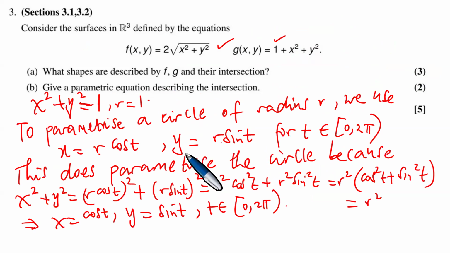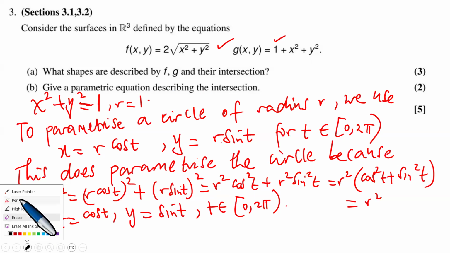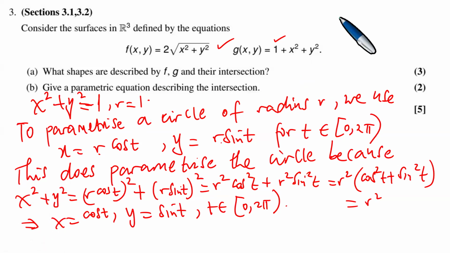Yes. To parameterize any circle, we use x equals r cosine t together with y equals r sine t. Why does the circle have cosine t and sine t? Because cosine t and sine t satisfy the equation of a circle. What is the equation of a circle?